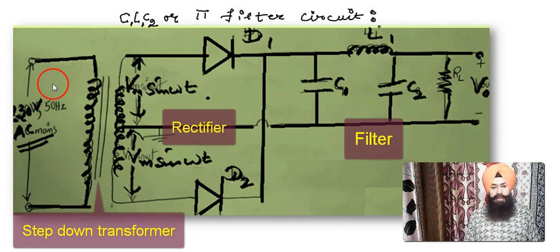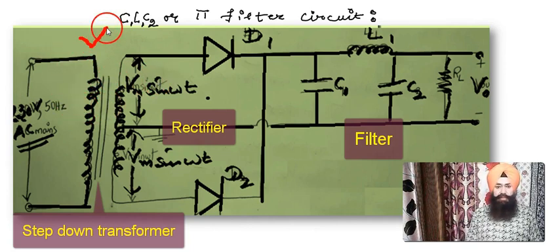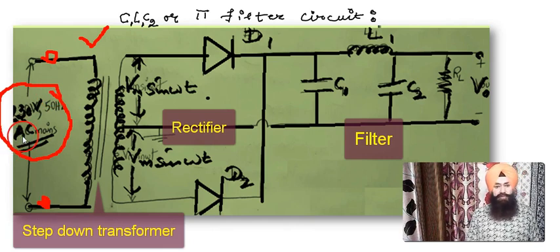In the circuit diagram, it is shown there is a step down transformer. This is the primary of the transformer, where we can give our supply like 230 volt, 220 volt, or maybe else with 50 Hz frequency.